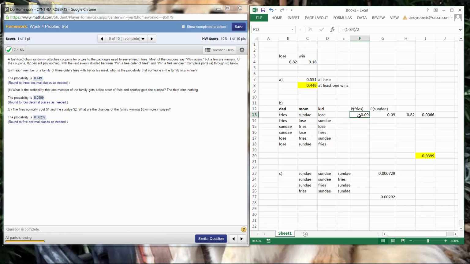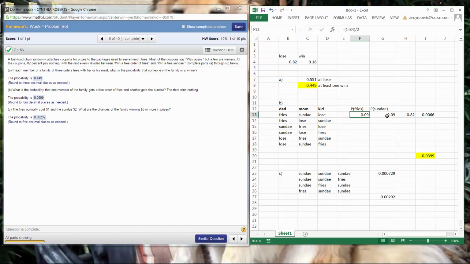Well, if I look at the probability, and this is the tricky part of the fries, once again, I'm going to use that whole complement thing, the 1 minus that they lost. So that means they won, right? Because that's a complement. The divided by 2 is because it says the rest are evenly divided between those 2. And that's how I get this value.